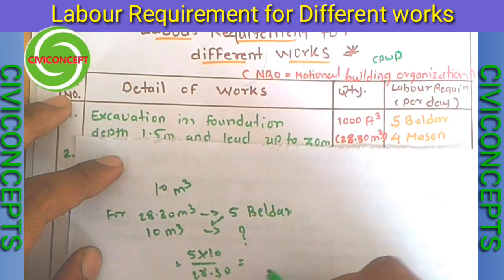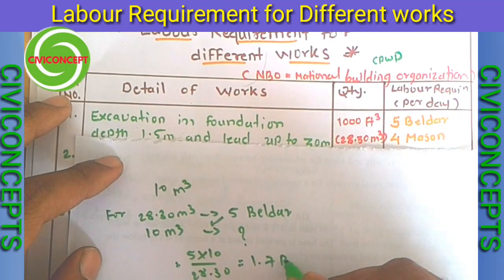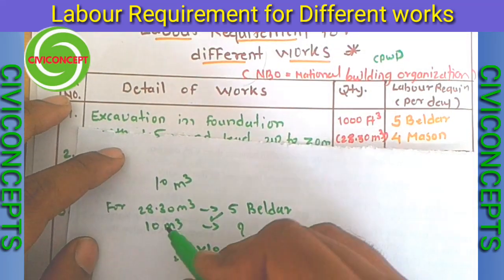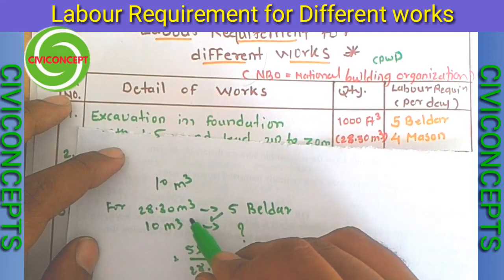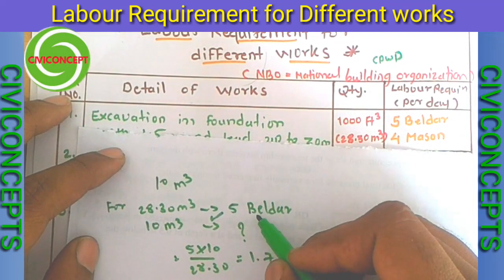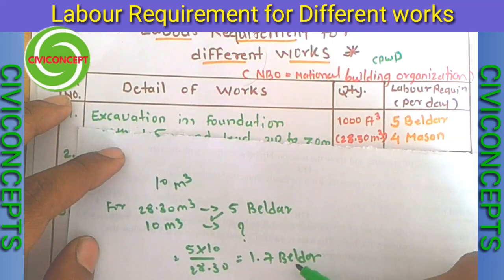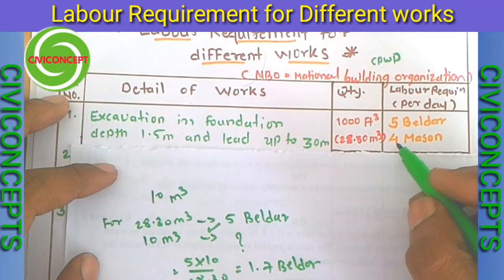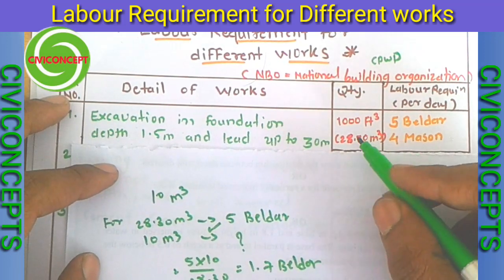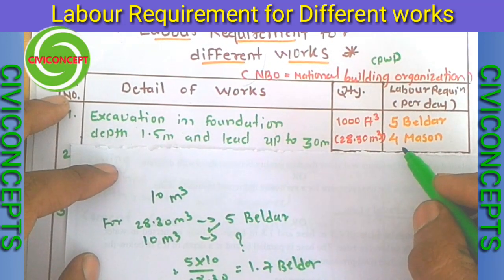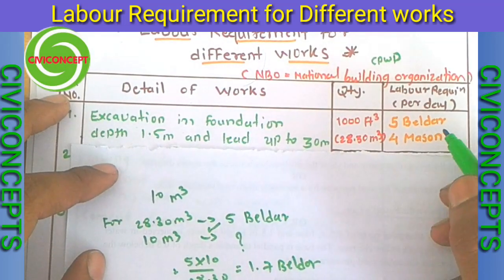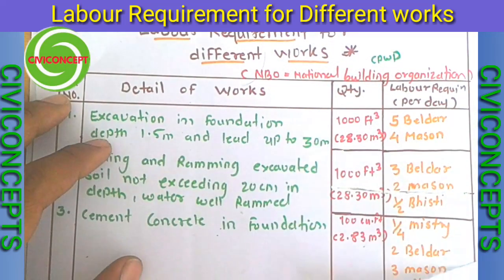It will come around 1.7 beldar. So we calculated that for 28.30 meter cube we require 5 beldar, and for 10 meter cube we require only 1.7 beldar. Similarly you can interpolate for the mason. For 28.30 meter cube you require 4 mason, then for 10 meter cube you need 1.4 mason.